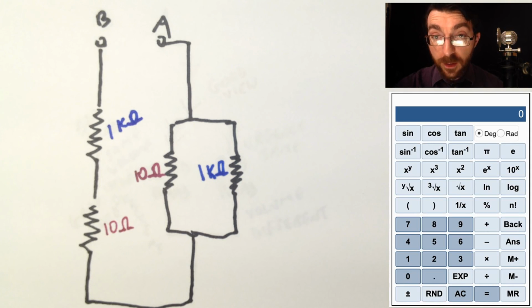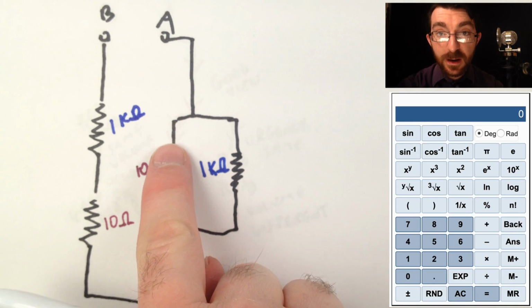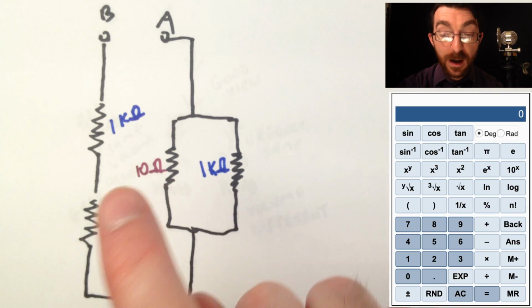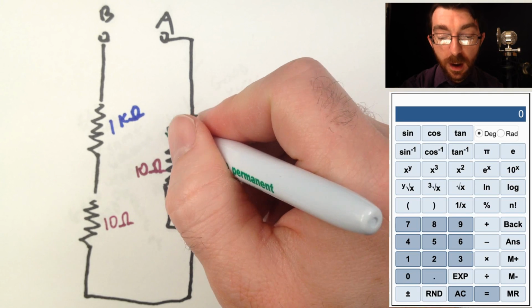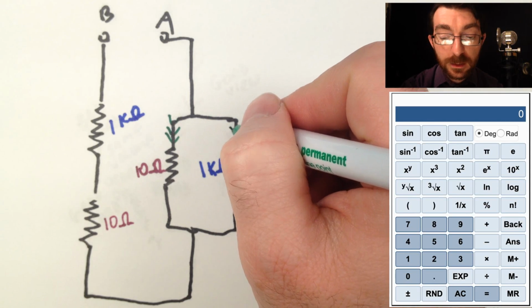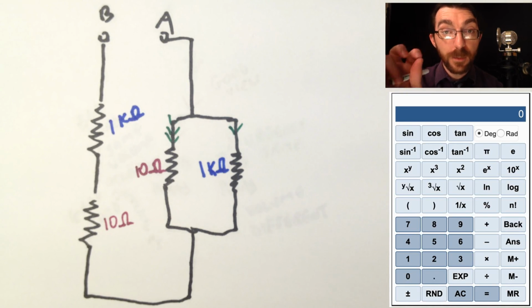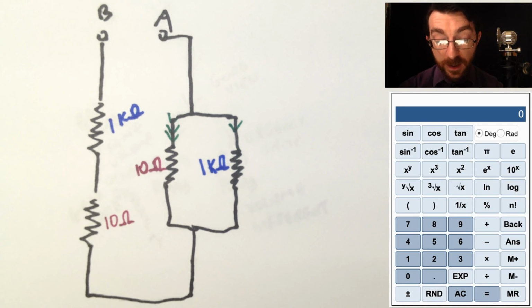Just like before, the electricity is going to have an easier time passing through here, and a harder time passing through here. However, the electricity will split up so that most of the current is taking the easy way, and a little bit of the current is taking the hard way, so that the total urgency, that is the electrical pressure, is the same on both sides.